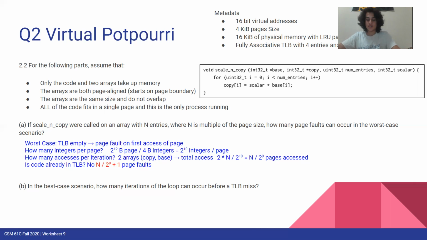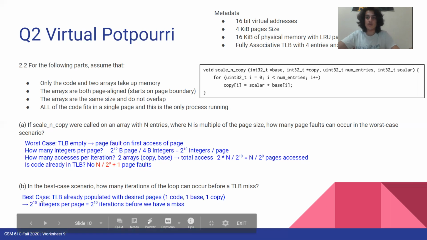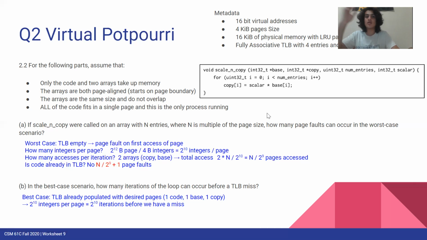Okay. So now, best case in the scenario, how many iterations of the loop can occur before a TLB miss? We have 4 TLB entries as given in our assumptions. If we assume one of them is for the code, we have 3 pages in the TLB that we can use. So our TLB is populated with our desired pages: we have the code, then the base, then the copy.